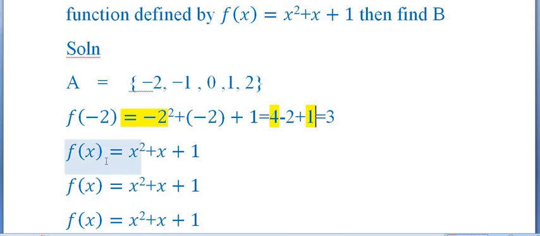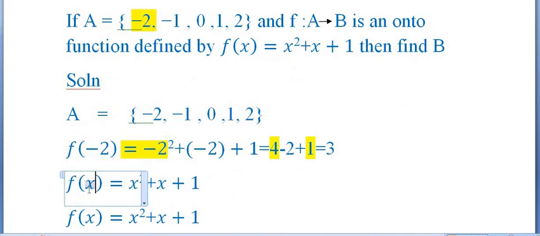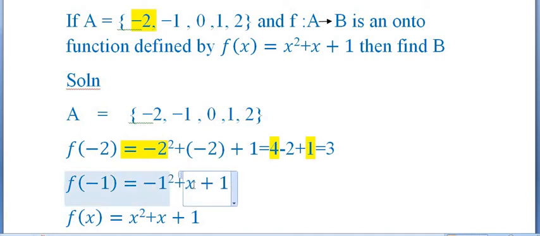Now f of x, what is the next value here? -1. So now we have to find out for -1. Now we are going to do it together. So here what can we write? -1 squared, here -1, so that is equal to minus 1 squared, minus into minus is plus, 1 into 1 is 1, we know it. 1 plus 1, plus minus 1.